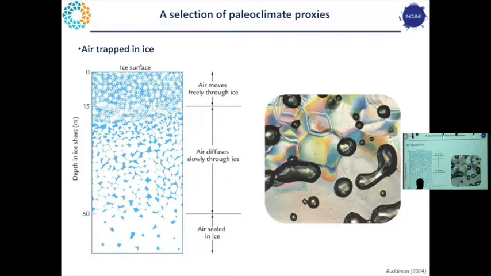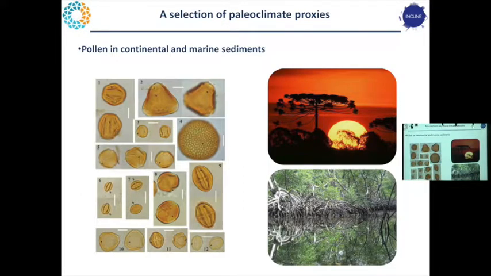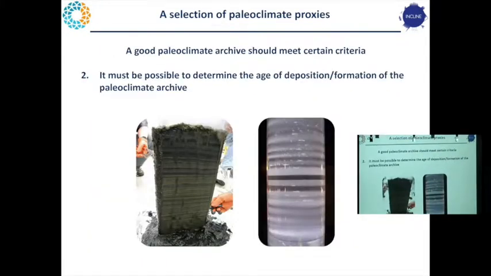We may do the same in marine sediment cores. We may analyze interstitial water and get directly the isotopic composition of seawater in ancient times. There are a lot of proxies. I gave some just to pave the base, if you want, for the next part of the talk.